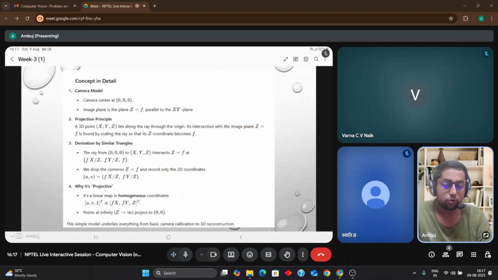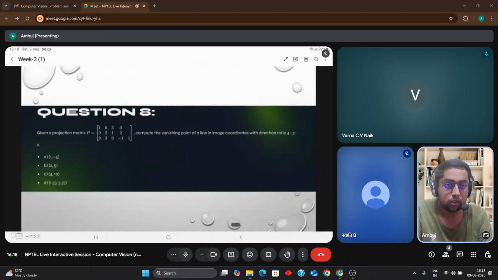The derivation by two similar triangles gives f into X by Z, f into Y by Z, and f, from which u comma v can be calculated. Why is it projective? Because it's a linear map in homogeneous coordinates. Points at infinity project to 0, 0. This simple model underlies everything from basic camera calibration to 3D reconstruction.